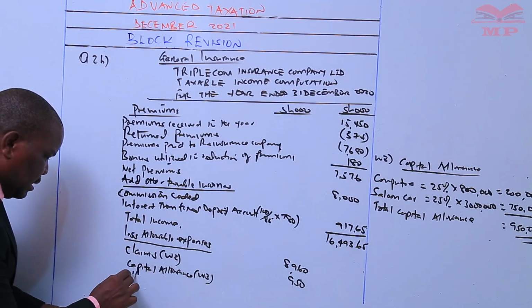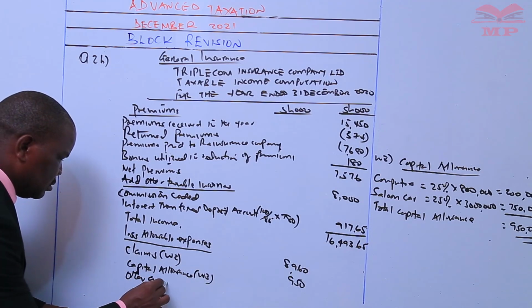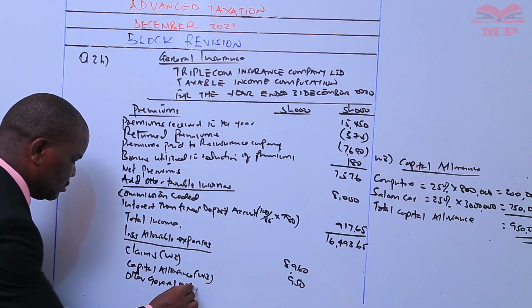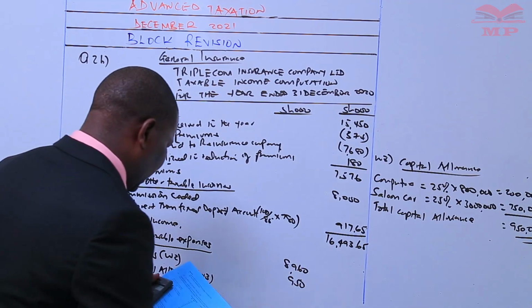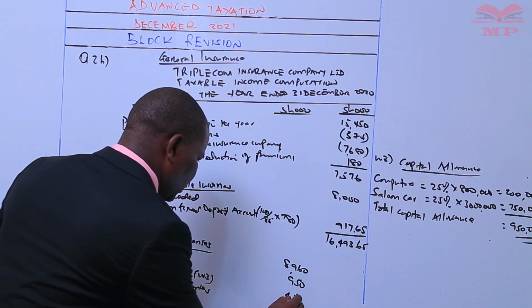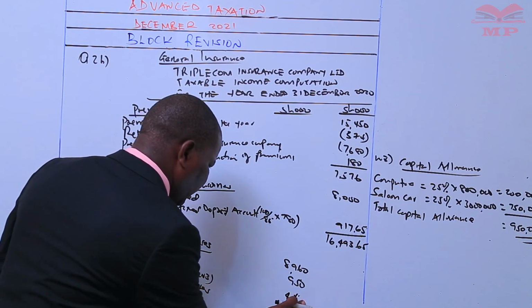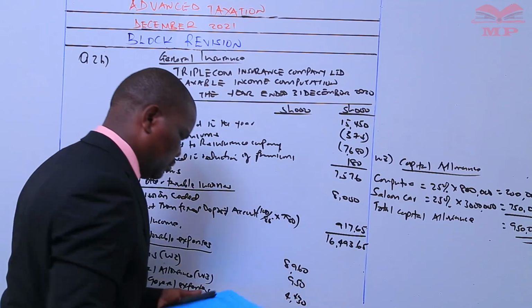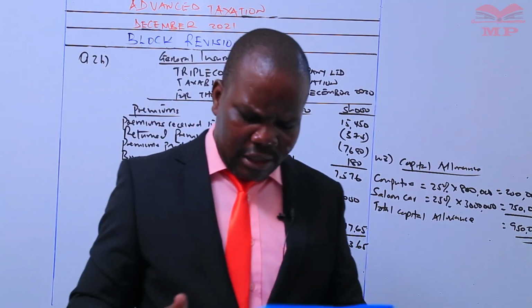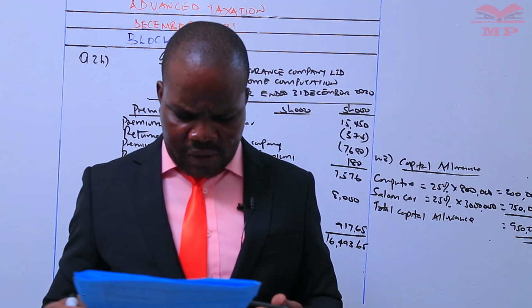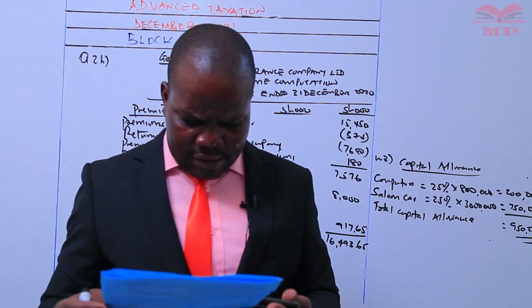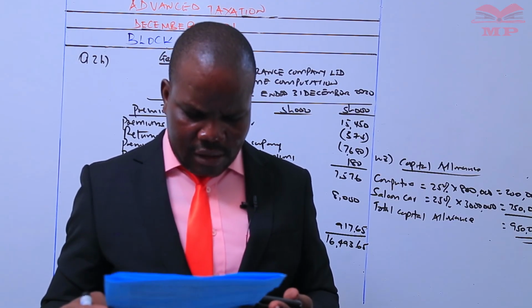So we say other general expenses. We get 4,430. And with that, we are done with general expenses. We move to note 4.